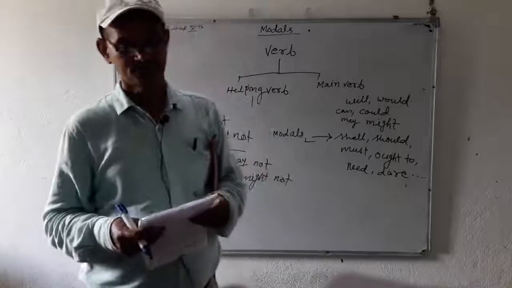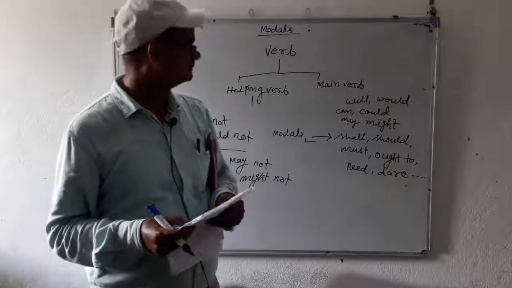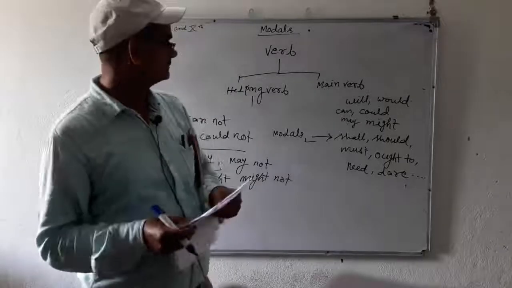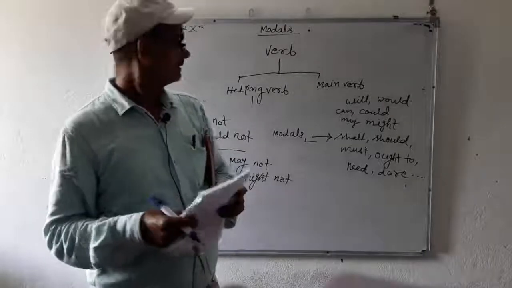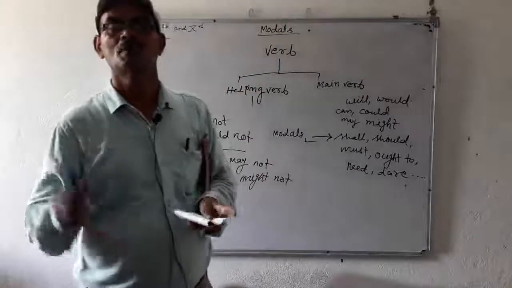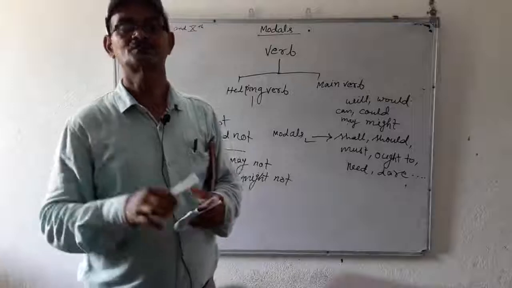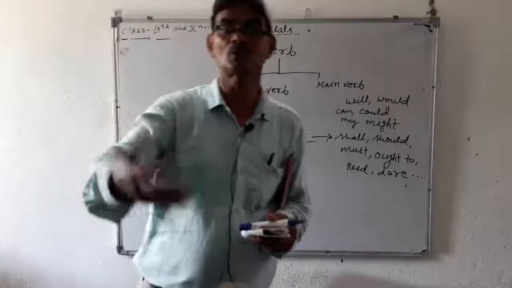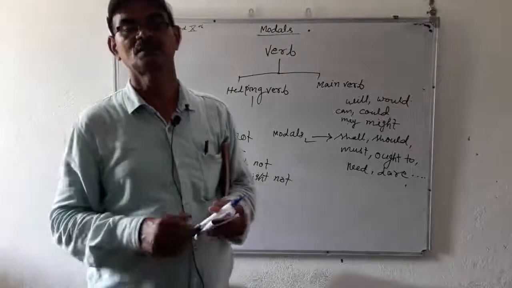In this way, you have completed modal verbs as explained in chapter 2. All modals are used to express the mood and manner of the verb or sentence, to explain something special.